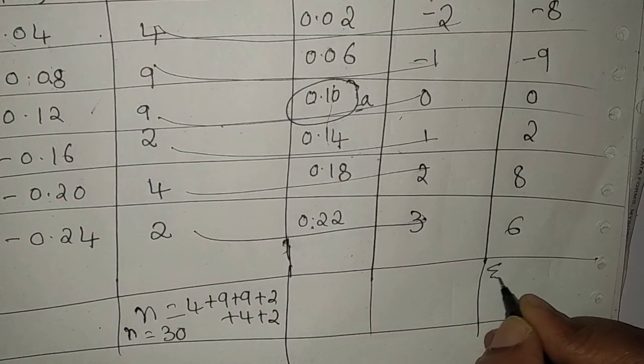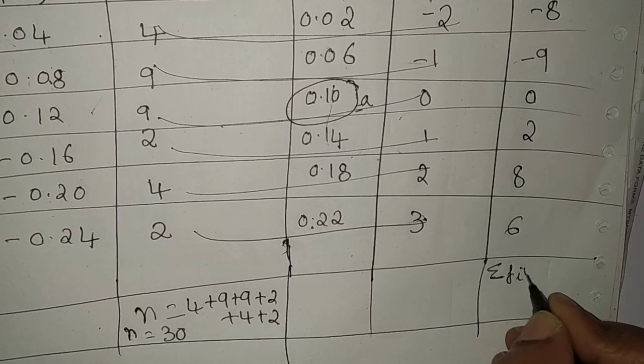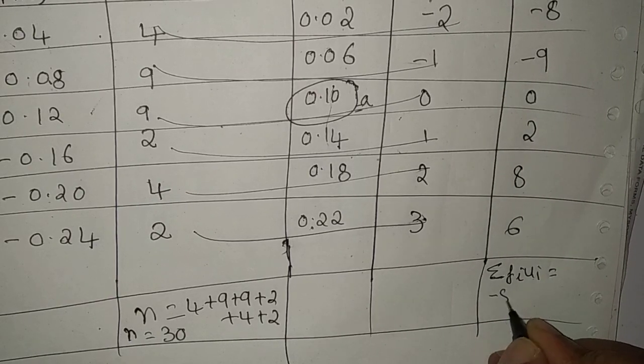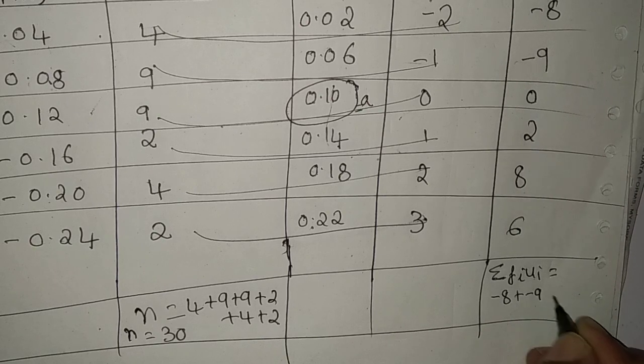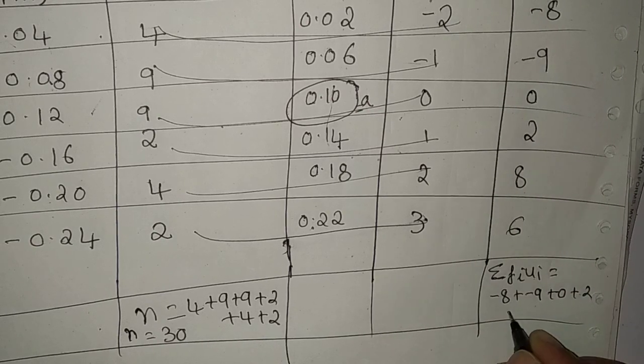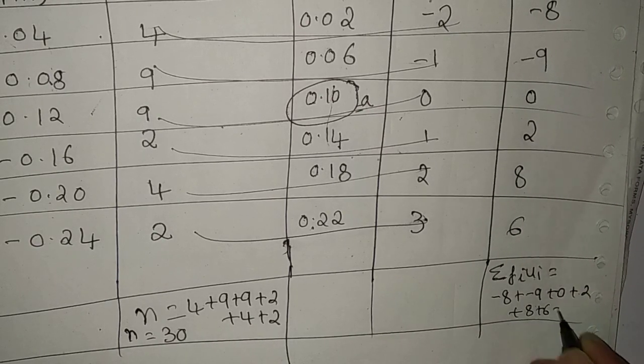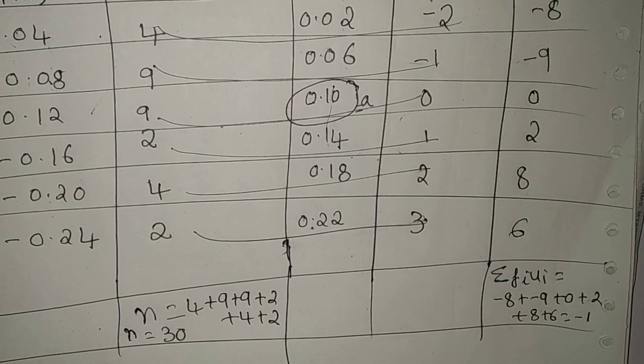Now summation of fi ui is equal to minus 8 plus minus 9 plus 0 plus 2 plus 8 plus 6, which is equal to minus 1.